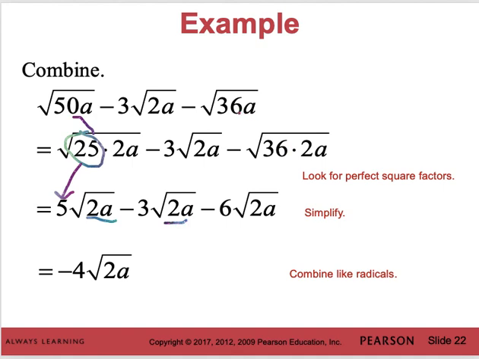And we can break the 36 down into, it already is a perfect square. 6 times 6 is 36. So what does that leave us with? 2a. So all of these have the same numbers underneath our radical sign. So we can do 5 minus 3 minus 6 to get negative 4 times the quantity 2a square rooted.